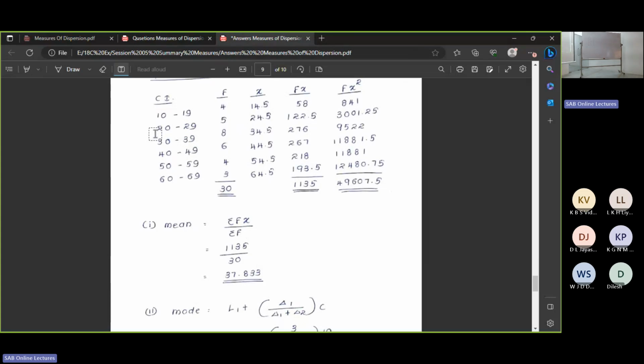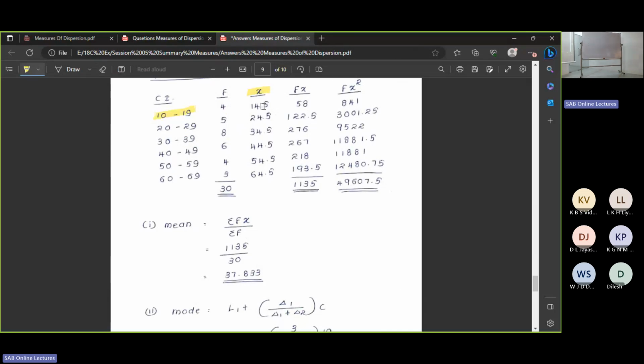There is no specific value. Therefore, first we need to calculate the x bar. X bar is the class mark of the class interval. We take the class mark to represent the whole class interval.